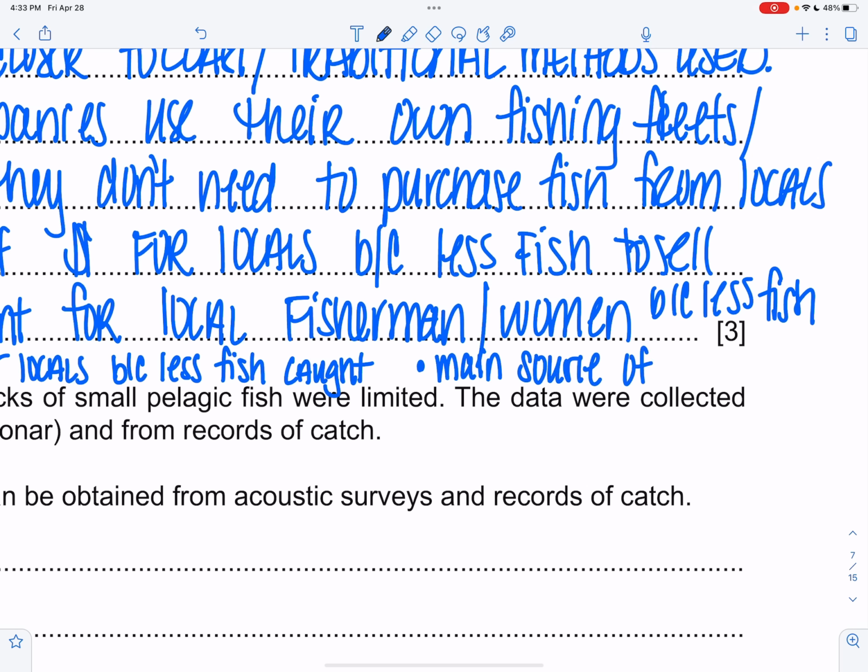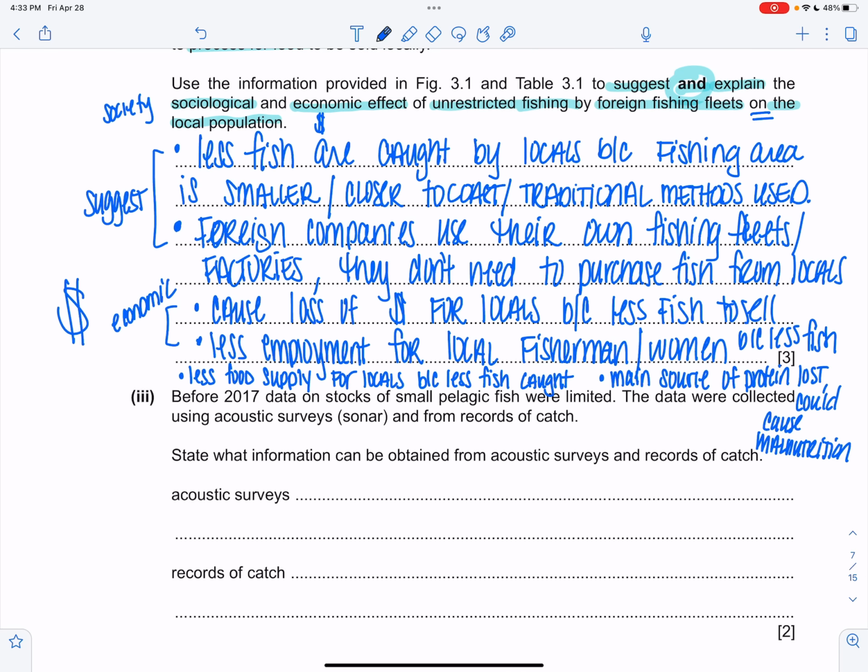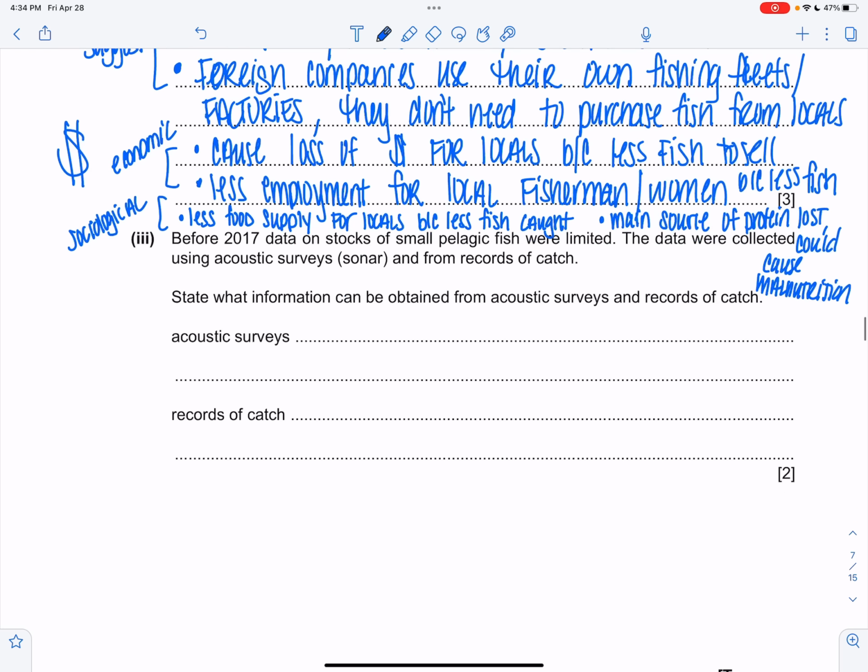Main source of protein is lost. This could cause malnutrition. These ones down here are the sociological. Okay, now next one.